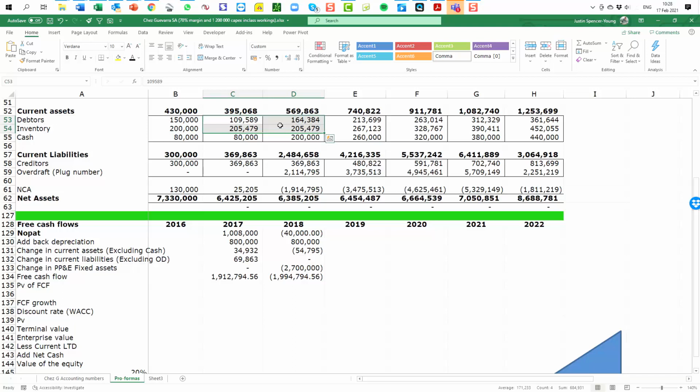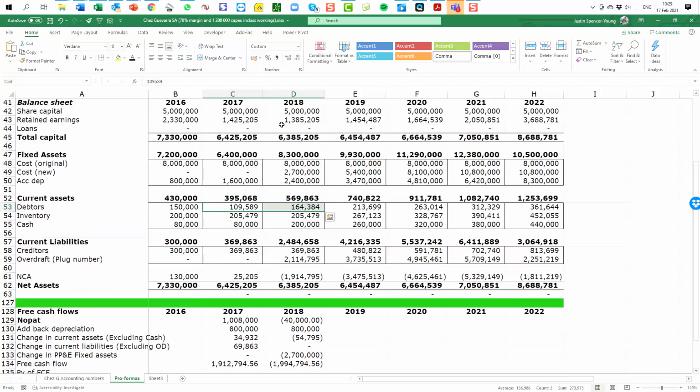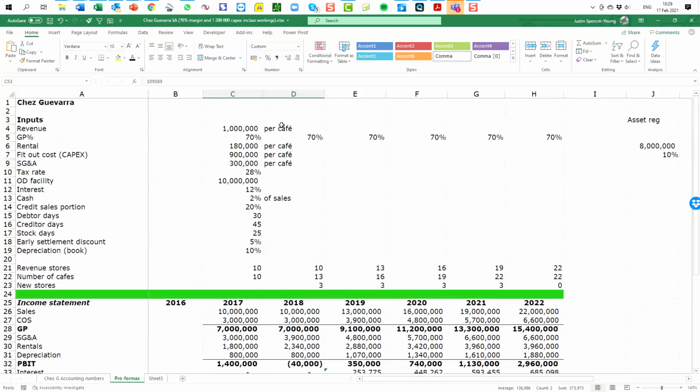It's an outflow. Inventory unchanged. The reason why this inventory number is unchanged is because the cost of sales hasn't changed. What has changed here for the debtors, just to clarify, even though the sales hasn't changed, is the terms have changed.